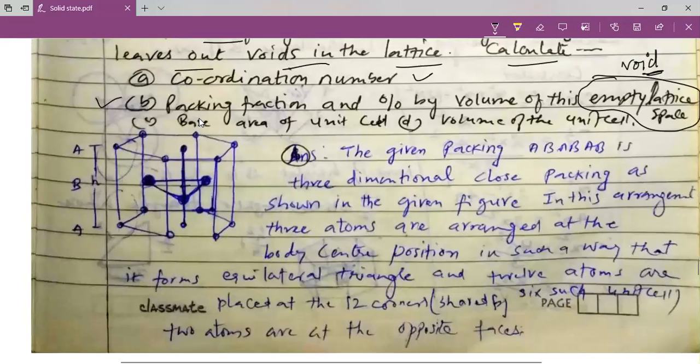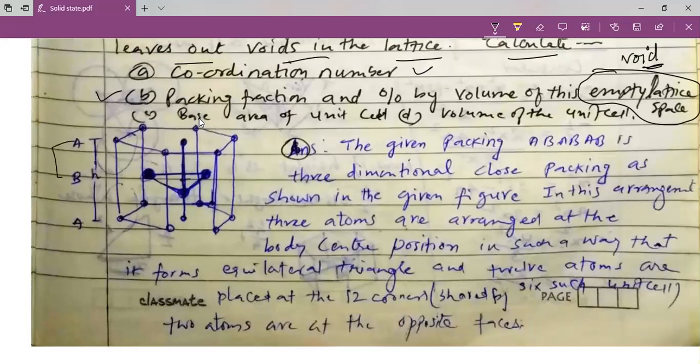So you can see, my dear students, that if we arrange the particles in the AB, AB, AB manner, we get hexagonal close packing. So the packing that we get, AB, AB, AB, is the three-dimensional close packing as shown in the given figure. In this arrangement, three atoms are arranged at the body-centered position. You can see these three atoms, 1, 2, and 3, in such a way that they form an equilateral triangle.